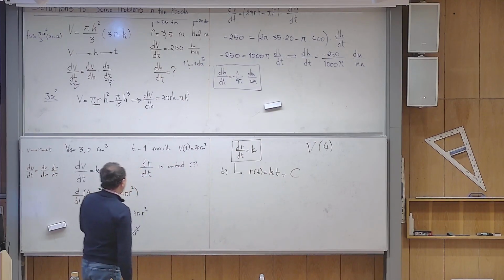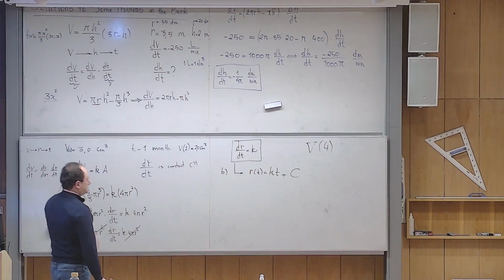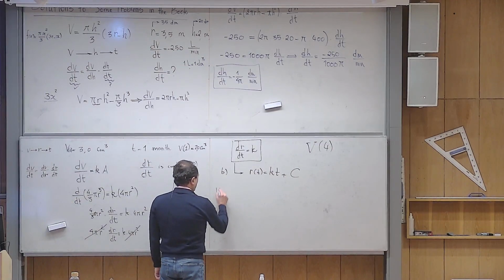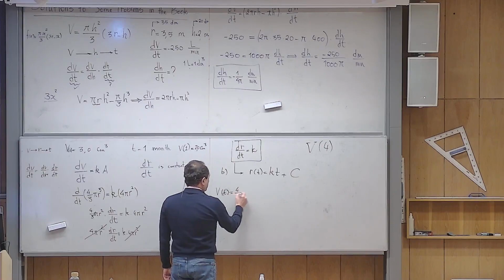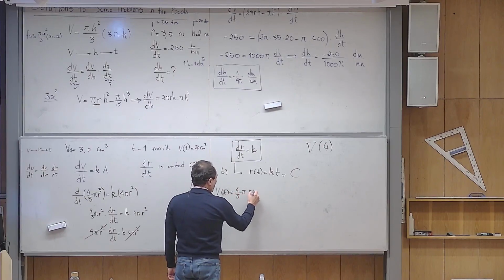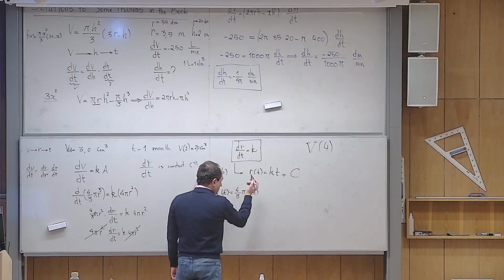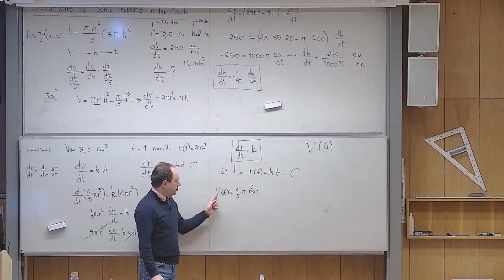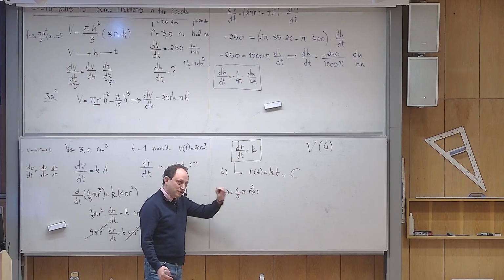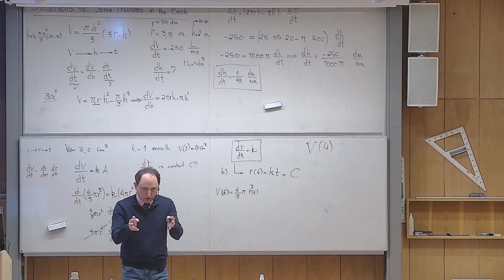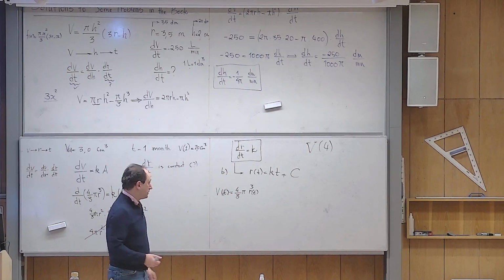Now V at 0 is 3. So let me write it like this. V at time t is equal to 4/3 pi r at that time, whatever it is, to the power 3. If I want to calculate the volume when time is t, I have to use the same formula for the volume of the sphere, but I use the r at that moment of time to find the volume of the sphere at that moment of time.